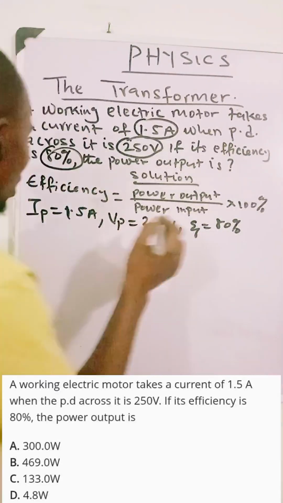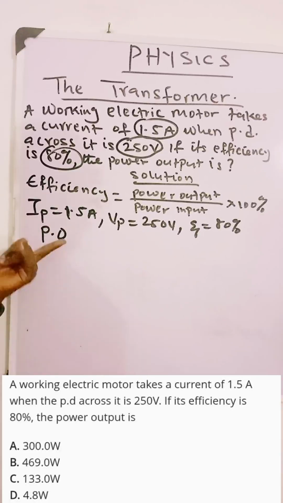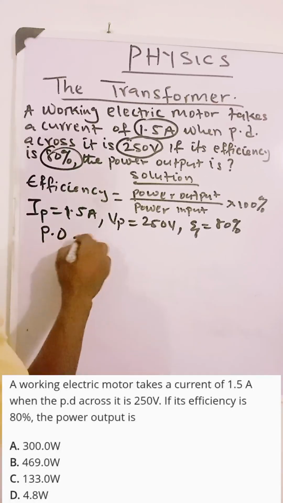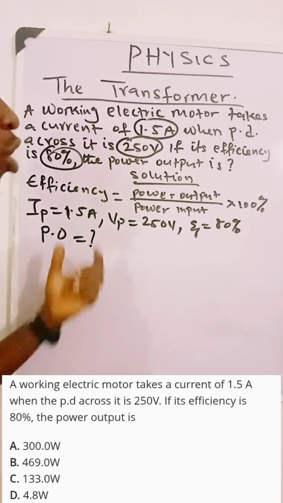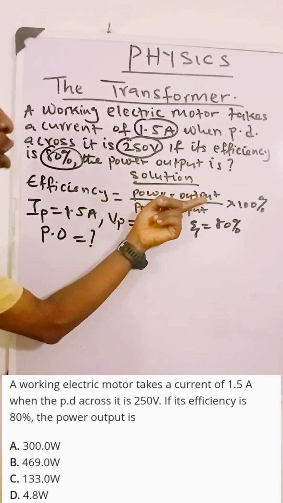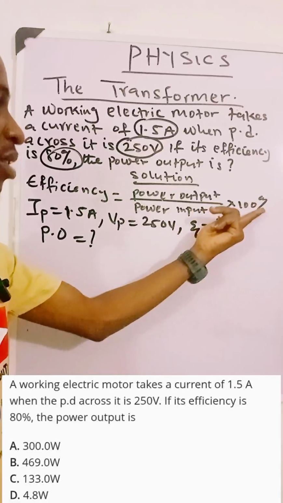So let me use PO as my power output. That is what they asked me to calculate. Now recall, efficiency is what? Power output over power input times 100%, right?